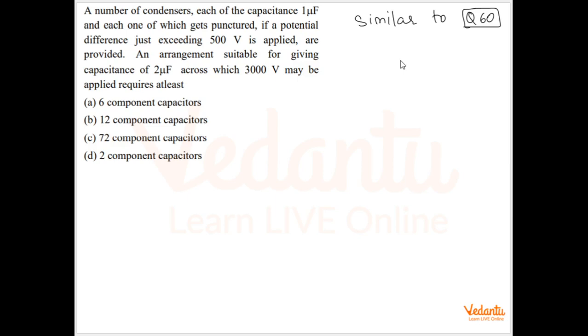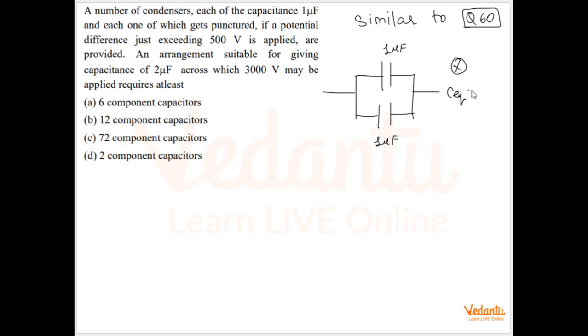Now here, first of all understand that I can't connect two 1 microfarad capacitors like this, 1 microfarad and 1 microfarad in parallel, to create the arrangement, because if I create this arrangement, this will not work.